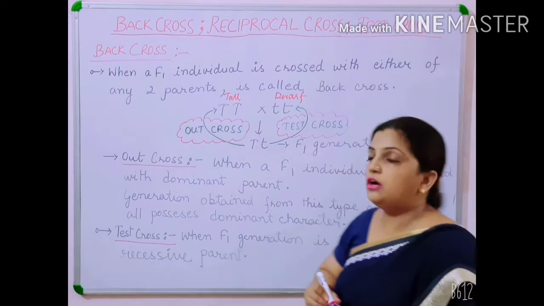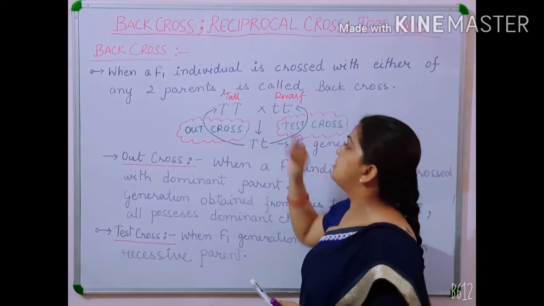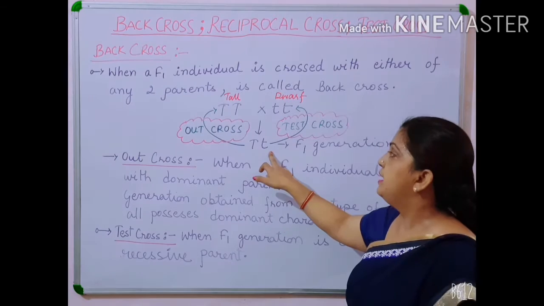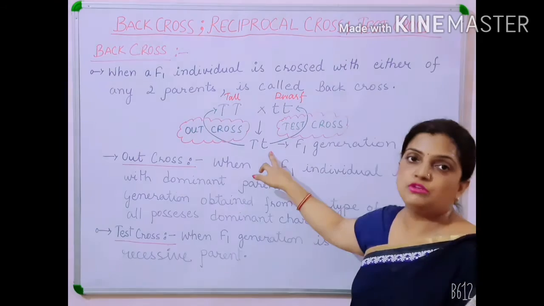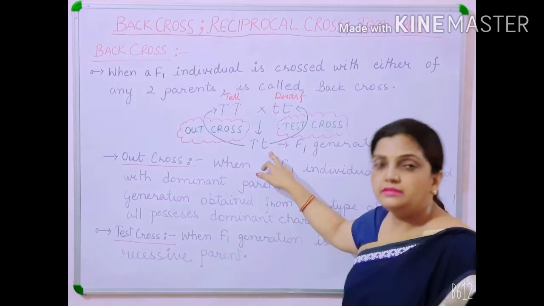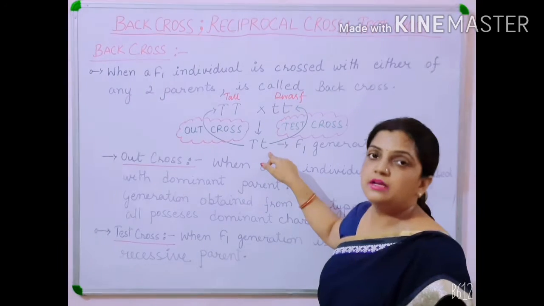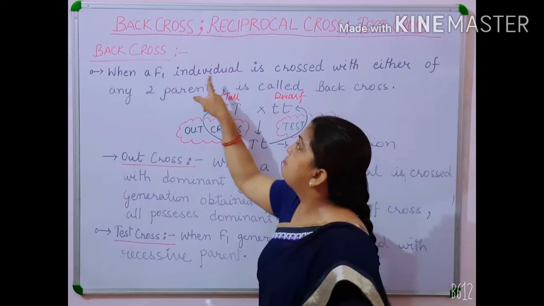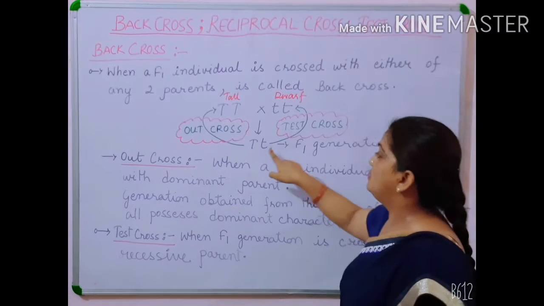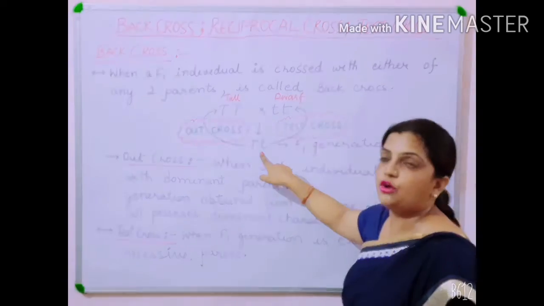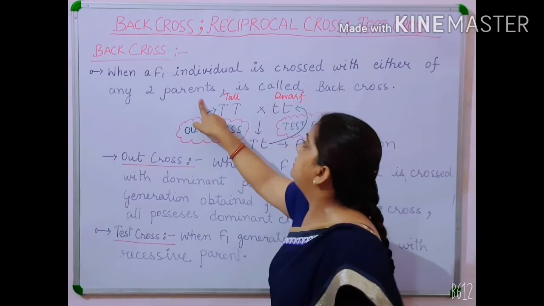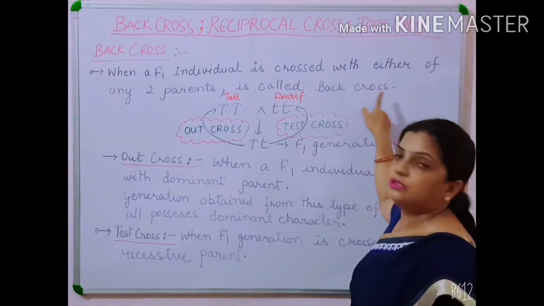From homozygous tall and homozygous dwarf, in the F1 generation a heterozygous, hybrid tall plant was obtained. When an F1 individual is crossed with either of the two parents, it is called a back cross.